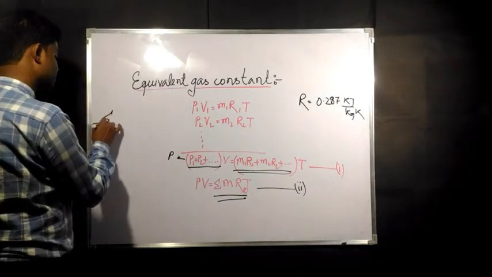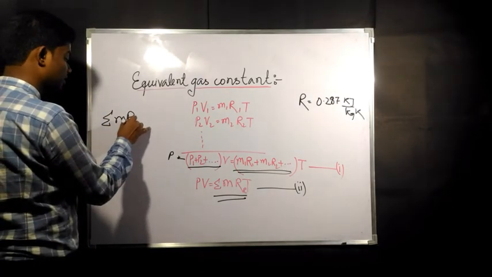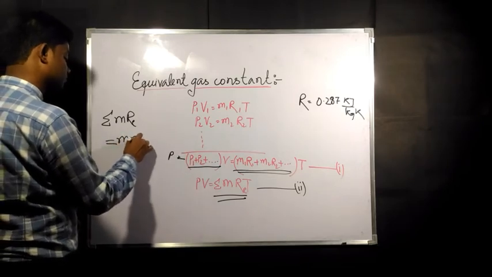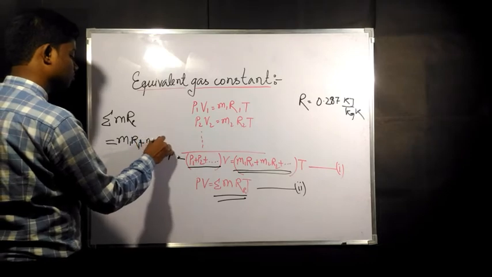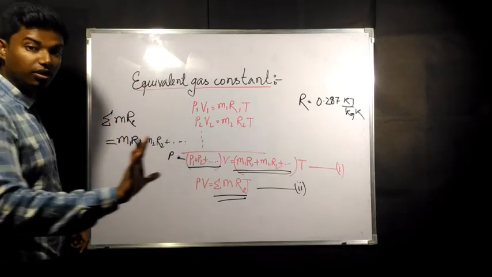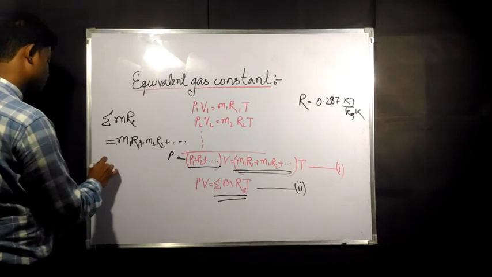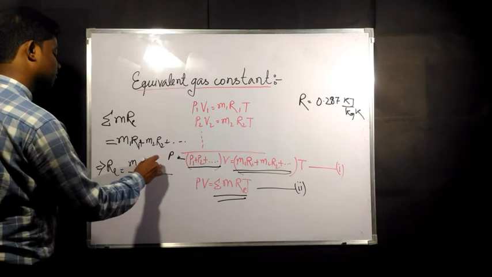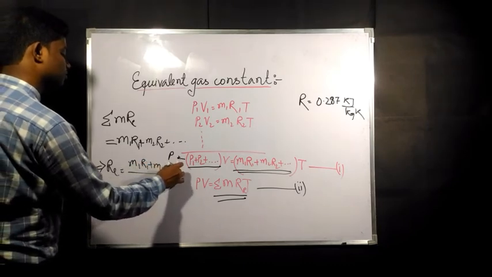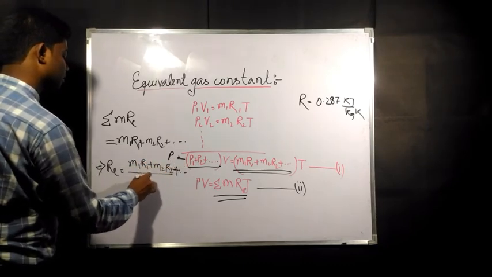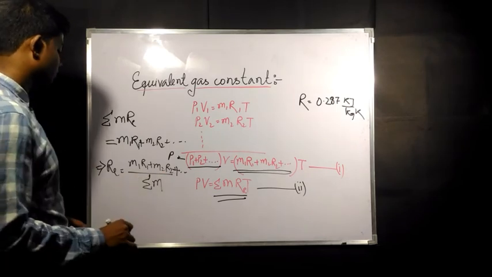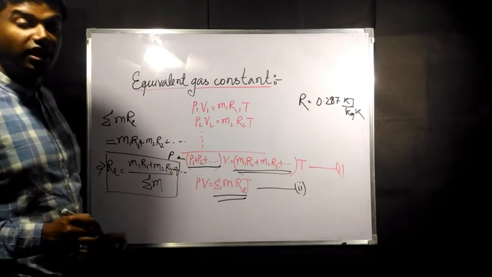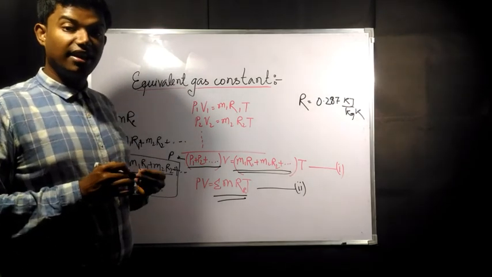That means we can write the summation of m into R equivalent equal to m1 R1 plus m2 R2 plus dot dot dot up to mn Rn. So from here, R equivalent is m1 R1 plus m2 R2 plus dot dot dot divided by the summation of m. This is the formula to find the equivalent characteristic gas constant.